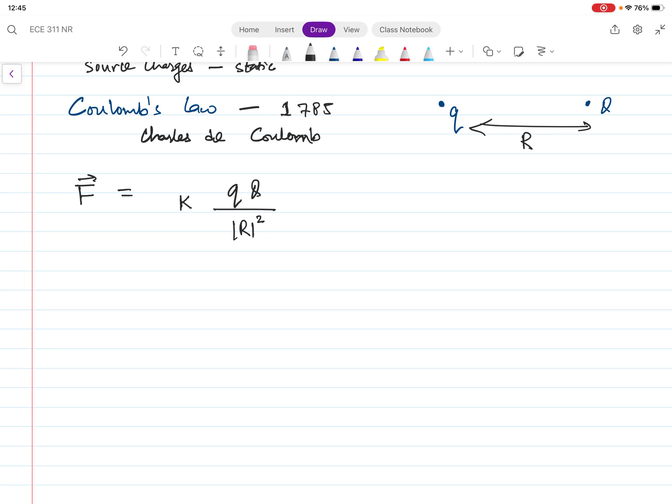Once again, Coulomb's law states that the force between two charges is proportional to the product of charges and inversely proportional to the square of the distance between them.